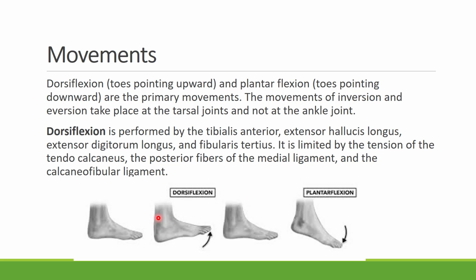Remember, dorsiflexion is limited by the tension of three structures: one is the tendocalcaneum, one is the posterior fibers of the medial ligament, and one is part of the lateral ligament, the calcaneofibular ligament. So these three structures will limit dorsiflexion.